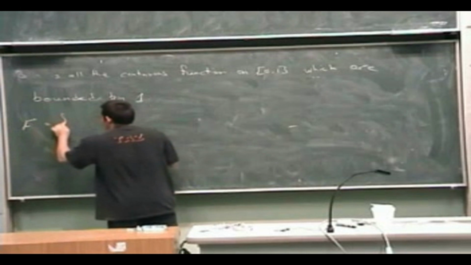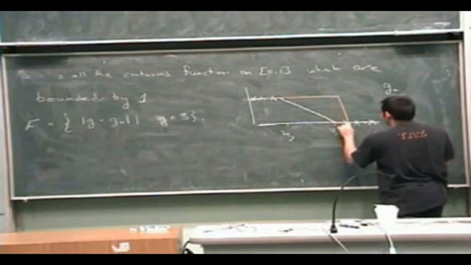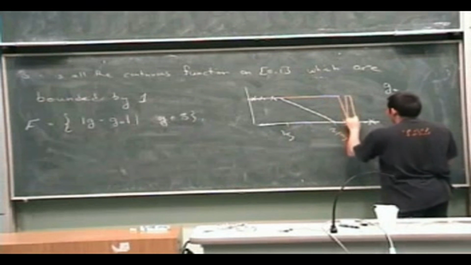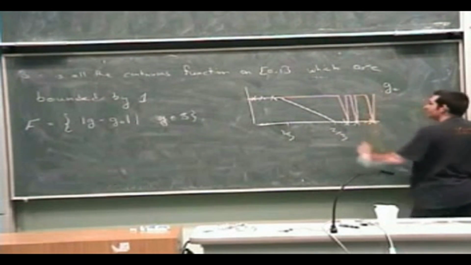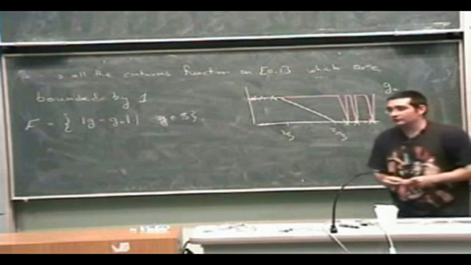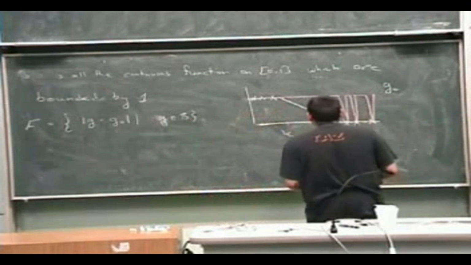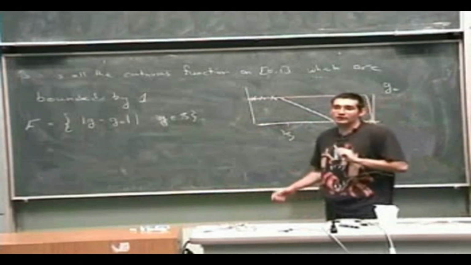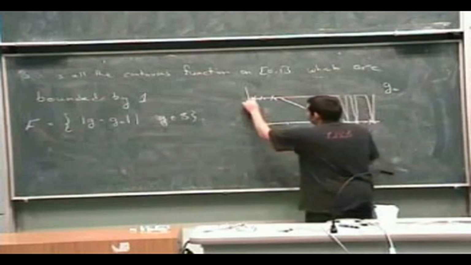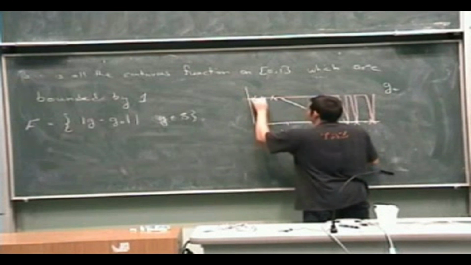Now I have to go down to 0, but I can do it very, very close to this point. Very close. Okay, so this is one function. The other function is 0, except in places I have to make it 1. So I have to make it 1 here. And everywhere else it's 0.